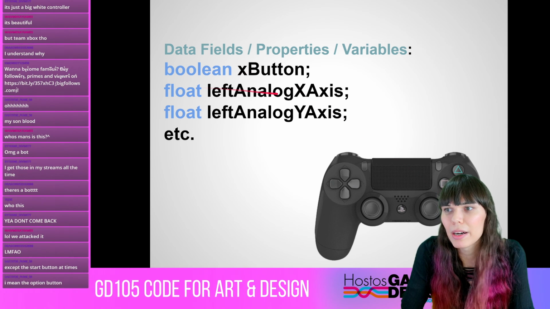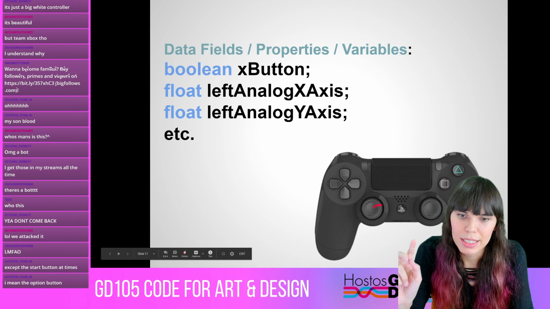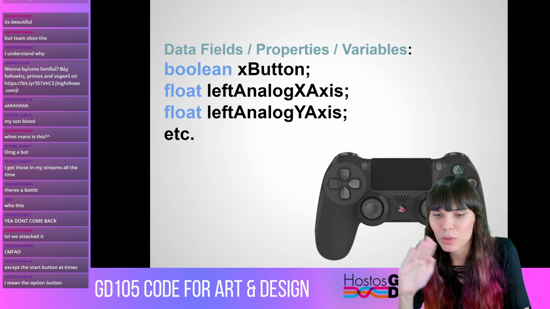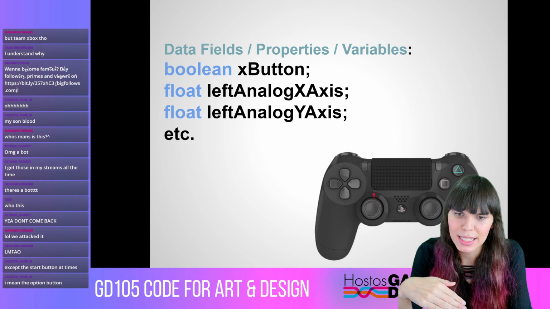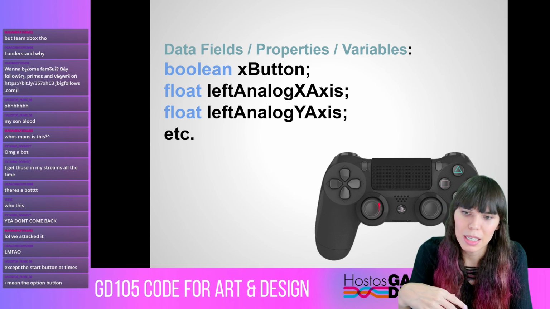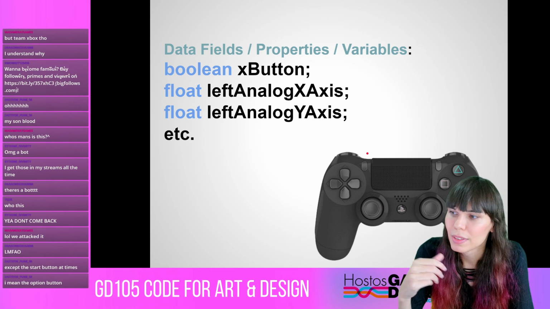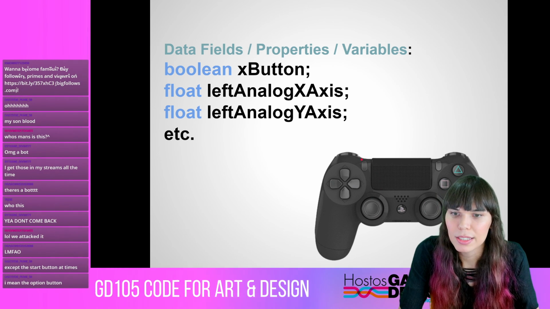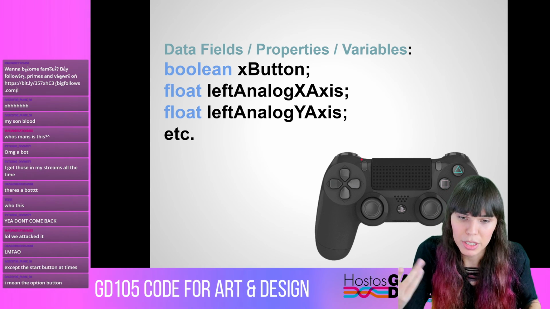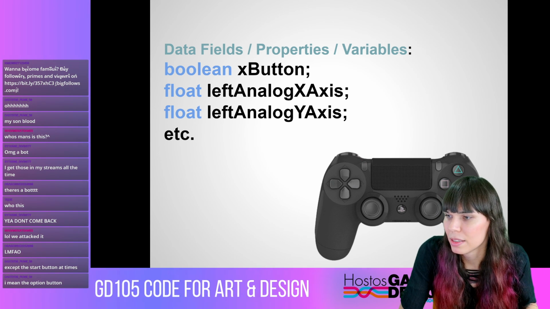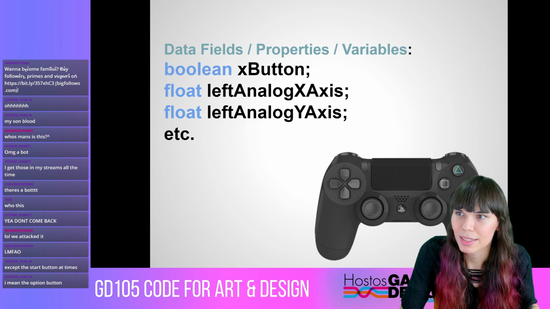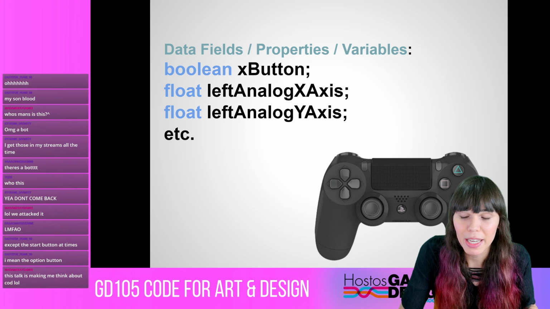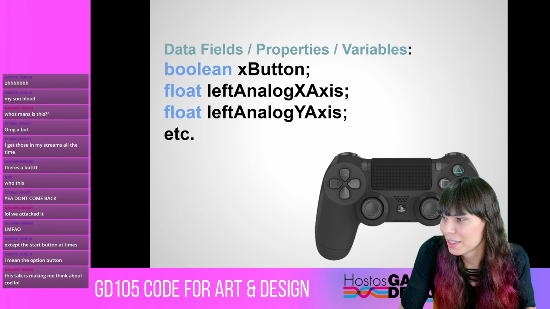A left analog stick has an X axis, so that could be one value, and it also has a Y axis, another value. It's actually a float if you start working with controllers. All DualShock controllers will have these in common. They all have left analog sticks that have an X axis and a Y axis. They all have X buttons that can be on or off.